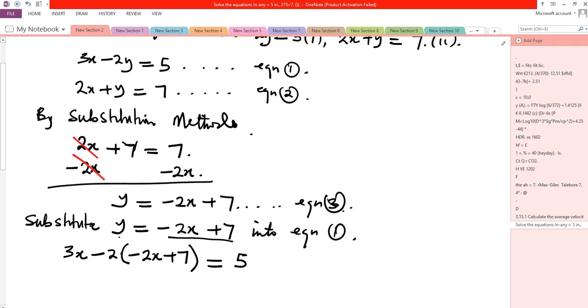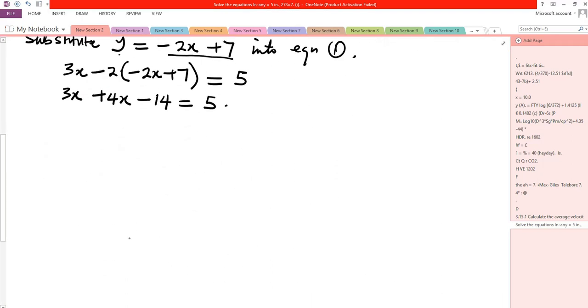Now we need to expand what is in the bracket. So you say 3x, and minus 2 times minus 2x will now become plus 4x. Now minus 2 times plus 7 will be minus 14, which is equal to 5. Now 3x plus 4x gives us 7x minus 14 is equal to 5.